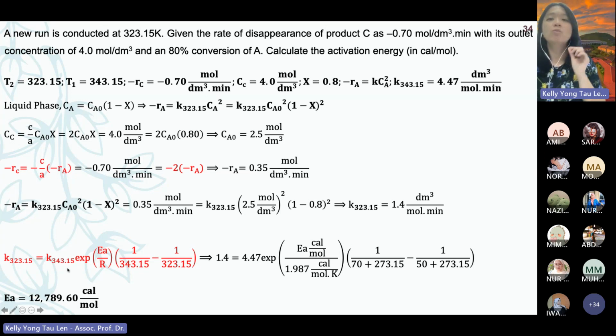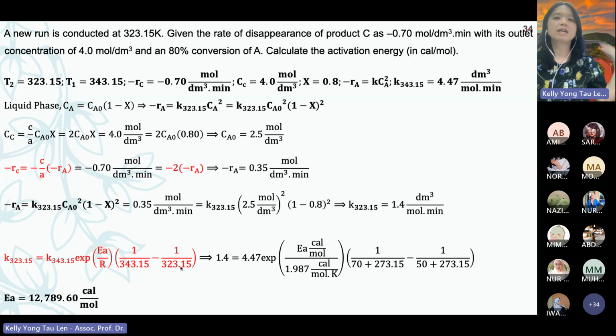Okay, so K1 saya tahu. EA saya nak cari, R gas constant, obviously kita dah tahu. Okay, so kita tengok. T1 saya tahu, suhu asal saya 343.15. T2 saya tahu, suhu baru saya 323.15. Okay, maksudnya belah kanan equation saya dah tahu semua kecuali EA yang saya nak cari.